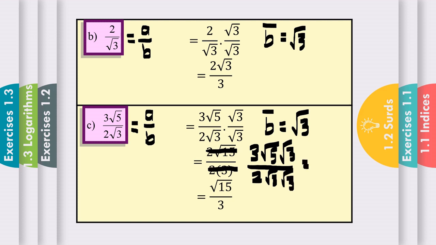If we try to simplify, it's going to be 3 square root 15 over 2 times 3. And we can cancel the 3 and 3 here. So the last answer is square root 15 over 3. Sorry, over 2.